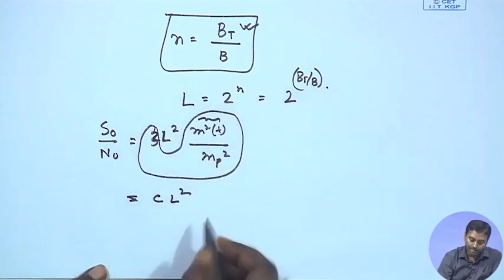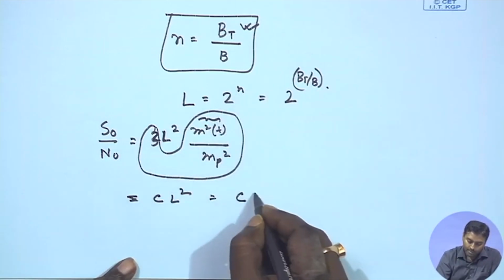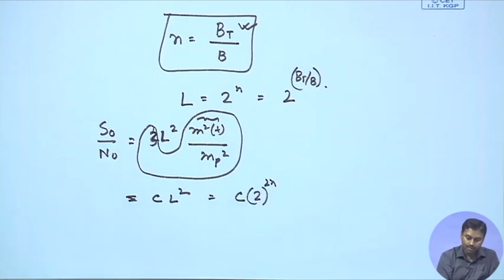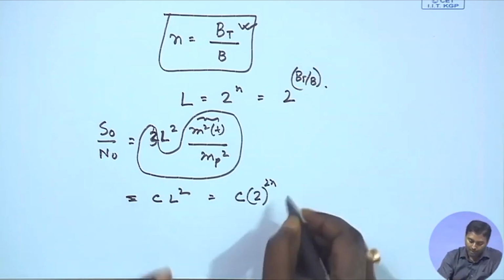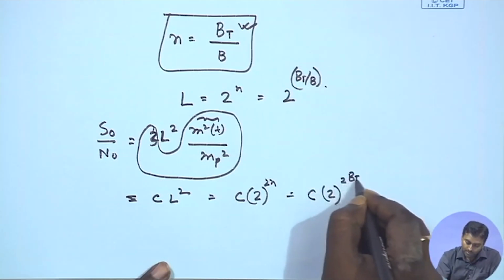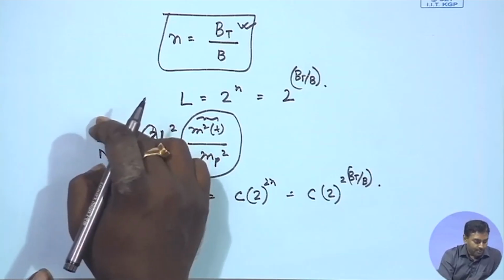Now, if we replace L by this, L means 2 to the power n, so we get C, 2 to the power 2n, right, or I can write C 2 to the power 2 into BT divided by B. Okay. So, this is what we get, that is the signal to noise ratio.